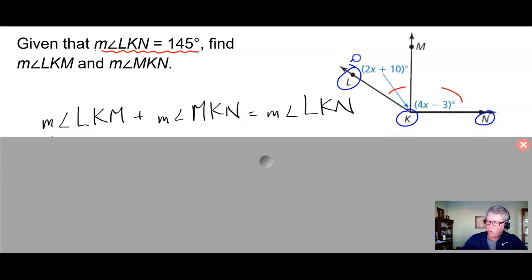So they're saying the whole thing is equal to 145 degrees. Okay, so the angle addition postulate says if we take this little one plus this little one, it should equal the big one. And that's what I've written here. This is just kind of a cool statement.